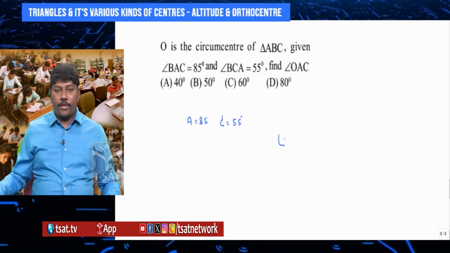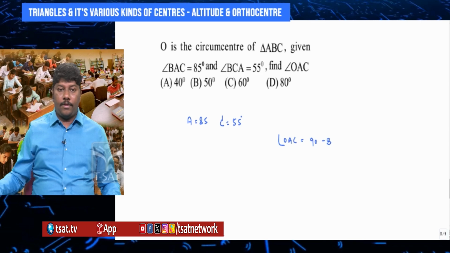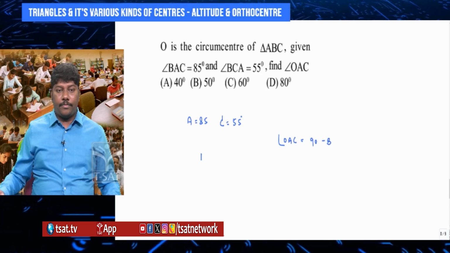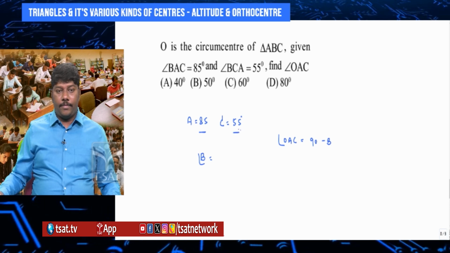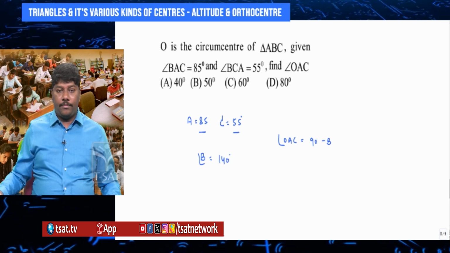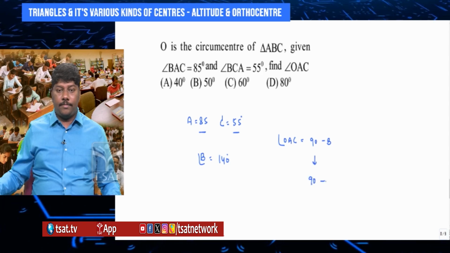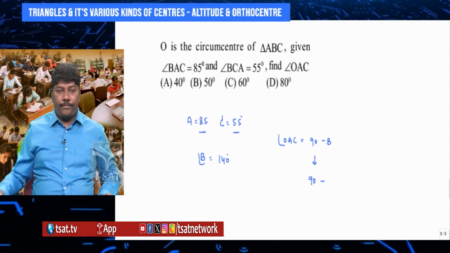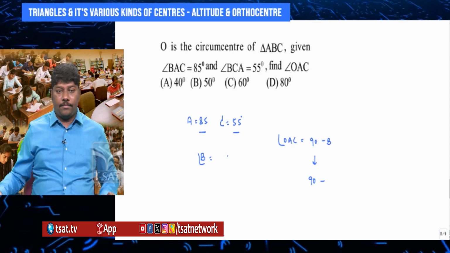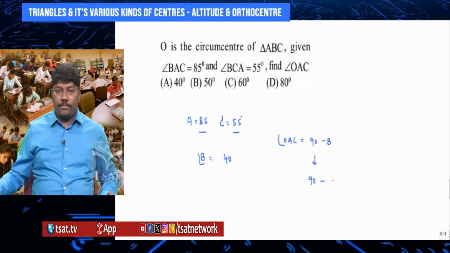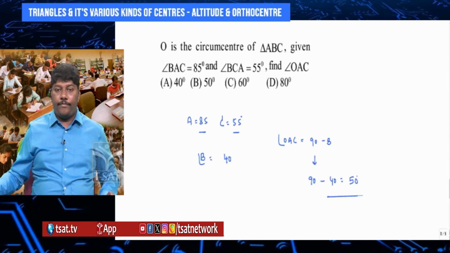We know angle OAC is equal to 90 minus angle B. What is angle B here? 85 plus 55 is 140, and 180 minus 140 is equal to 40 here. Therefore, OAC is 90 minus 40, which is 50.